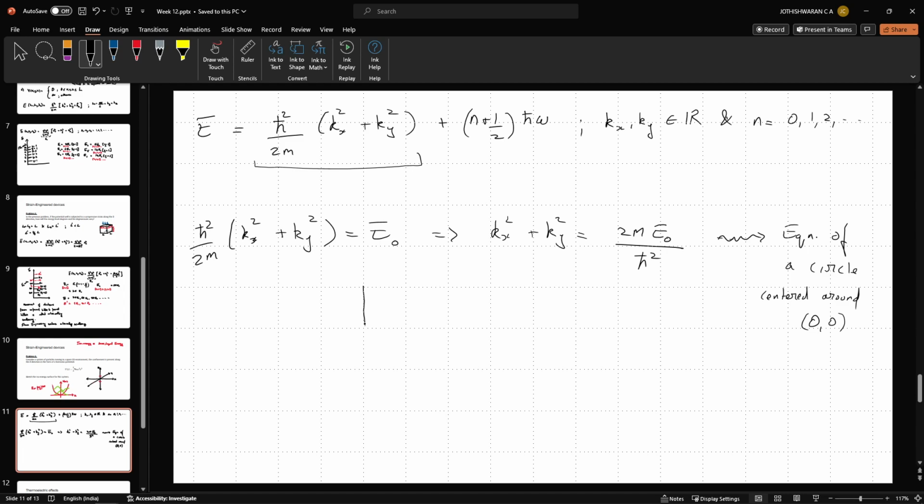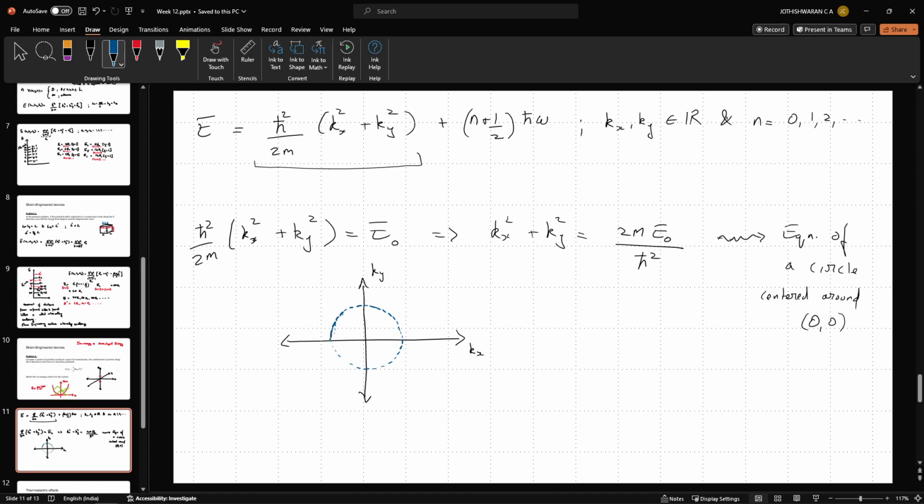For whatever value E naught I choose for my isoenergy surface, I am going to have kx, ky axes and I am going to have a circle.